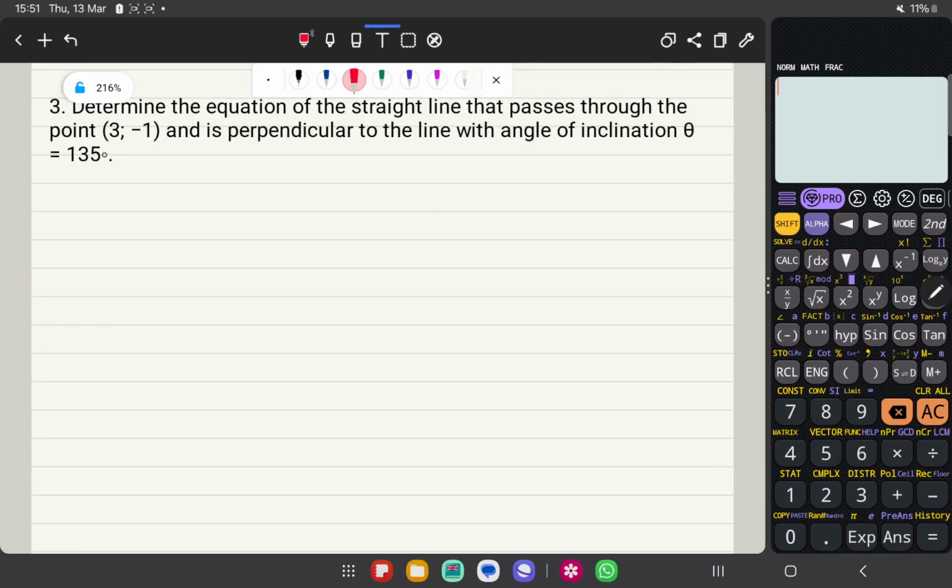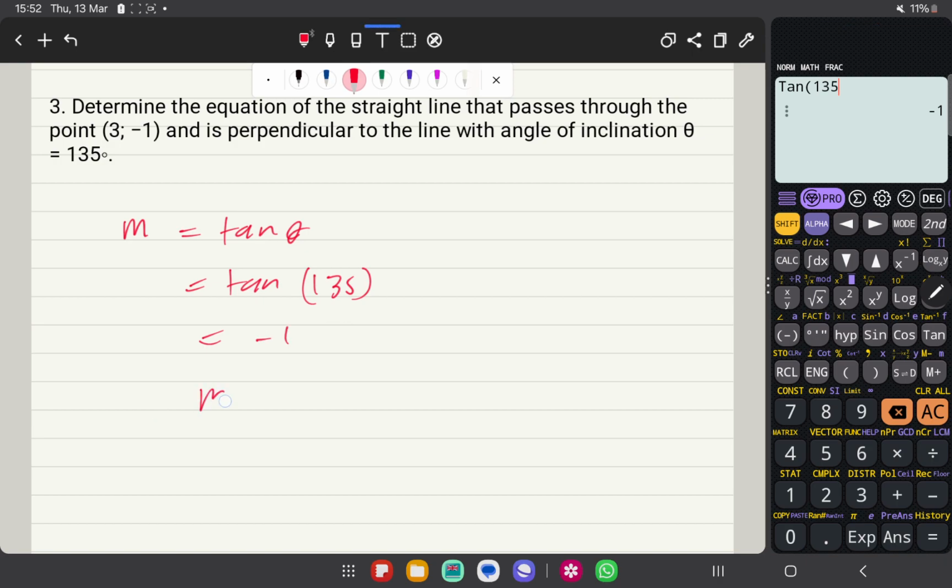So tan theta is tan 135, which is minus 1.